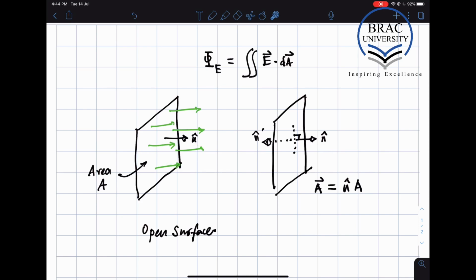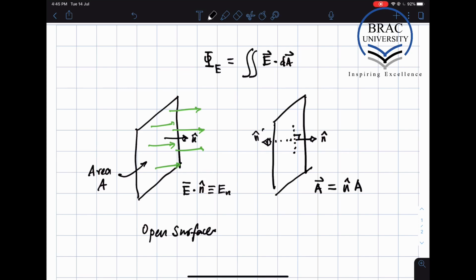Now what we want to do is to define the electric flux, which measures how much of this electric field points perpendicular to this surface. To measure how much a vector points perpendicular to a surface, we first need to define a normal vector to that surface, as we have done over here, and then we need to take the dot product between the electric field and that normal vector. So we have here the electric field E dotted with the normal vector n. Sometimes this is denoted by E_n.